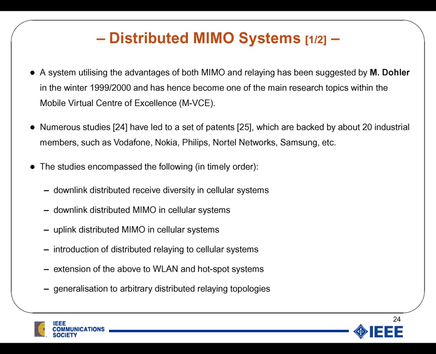We investigated the downlink distributed receive diversity, downlink distributed general MIMO systems and cellular networks. We then looked at the uplink. We looked at distributed relaying systems. We then extended that to wireless LAN systems and generalized that to very general distributed relaying topologies, which has been analyzed also in my PhD thesis.